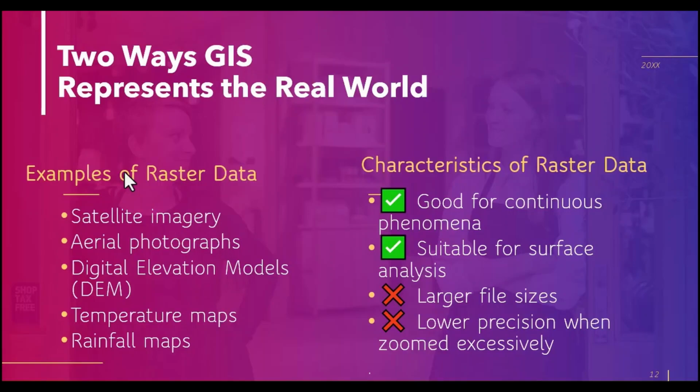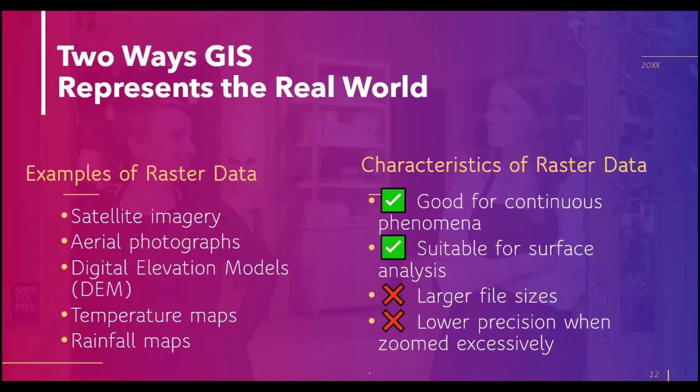Examples of raster: satellite imagery, aerial photographs, digital elevation models, temperature maps, rainfall maps. So, what are its characteristics? It is good for continuous phenomena and suitable for surface analysis, but it has a larger file size and lower precision when zoomed excessively.